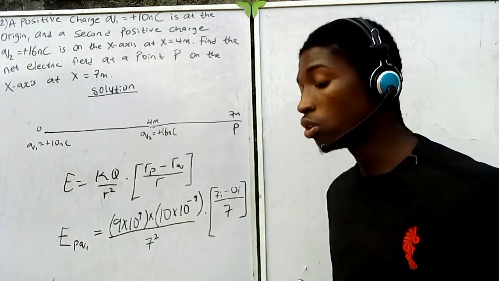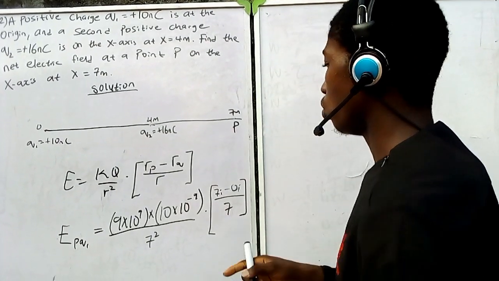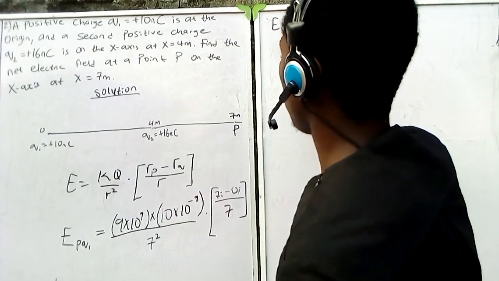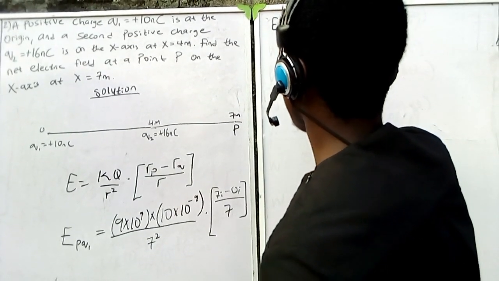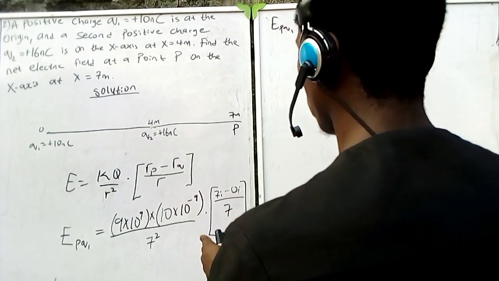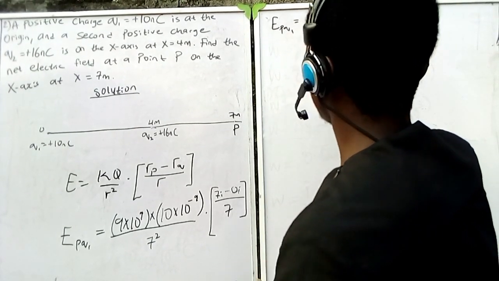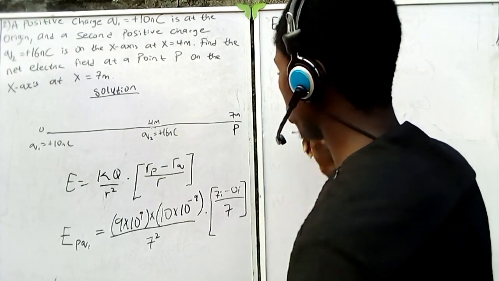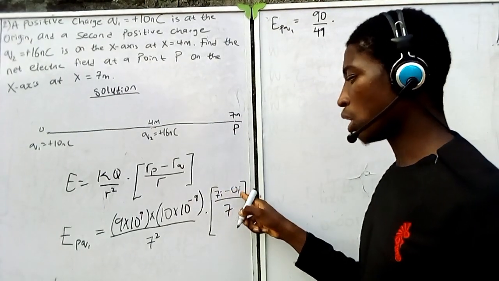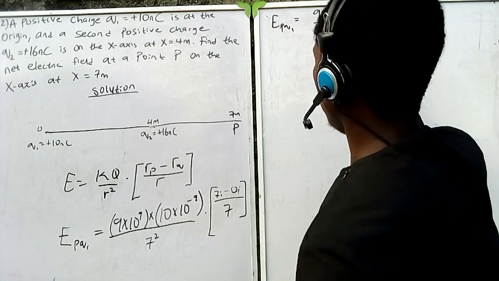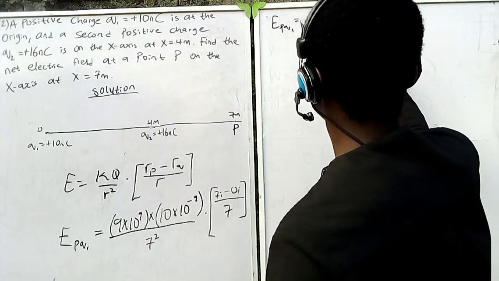Do you understand? Alright, so if you do the multiplication, what you get for E_PQ1 is equal to this, and this is what? 90 over 7 squared, which is 49, multiplied by 7i minus 0i, which is 7i, right? 7i divided by 7.